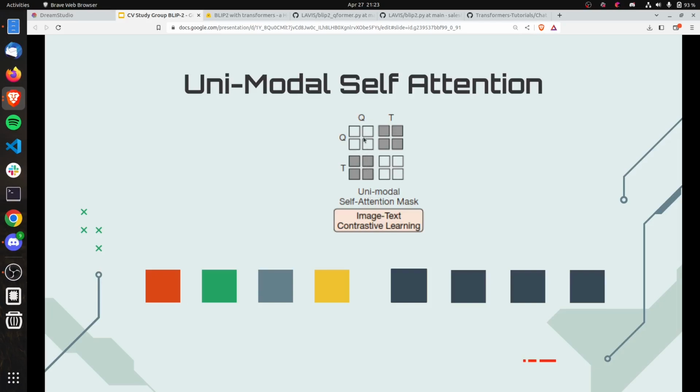They're really just saying that these query tokens are only able to see the query tokens, and the text tokens are only able to see the text tokens, right? So that's all the mask really means. And that's also what unimodal means, because each only has one modality and not multi-modality. And yeah, that's the self-attention mask they are using for this task.